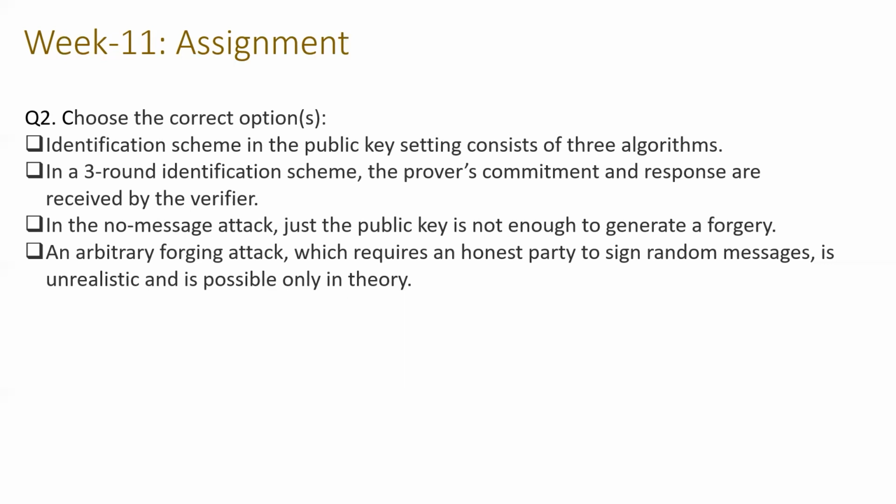The first interaction, which is the commitment, goes from the prover to the verifier. Using the algorithm P1, a prover computes with the help of its secret key and some random value some commitment and sends it to the verifier.